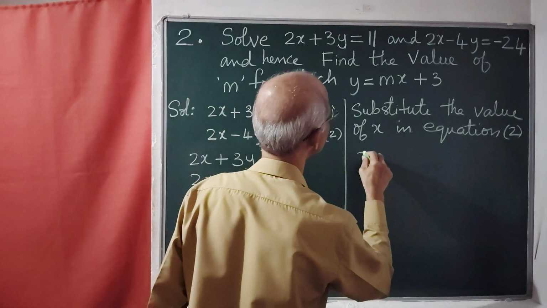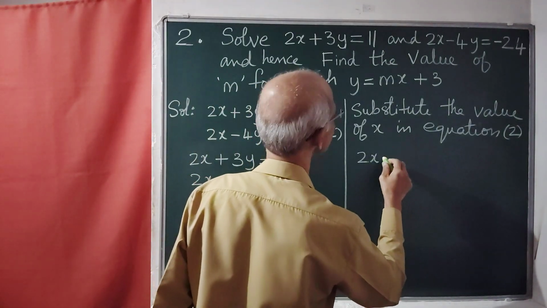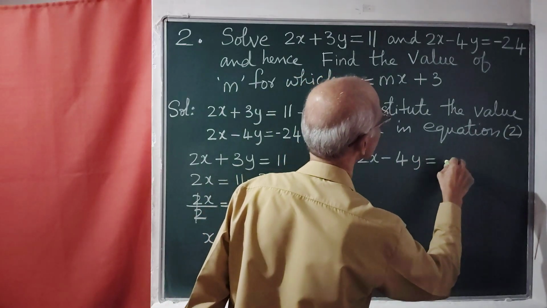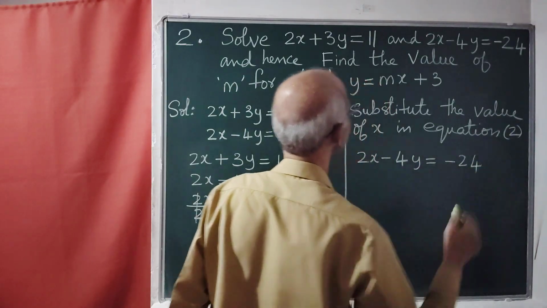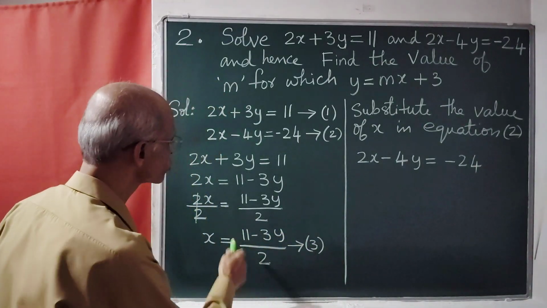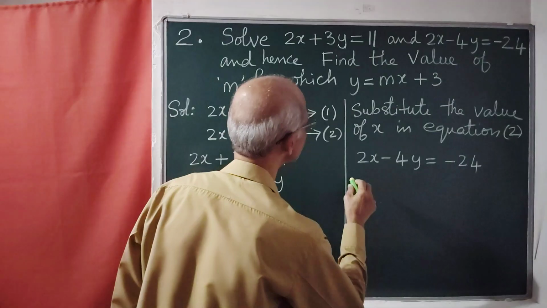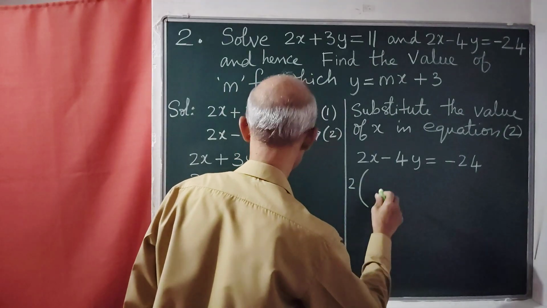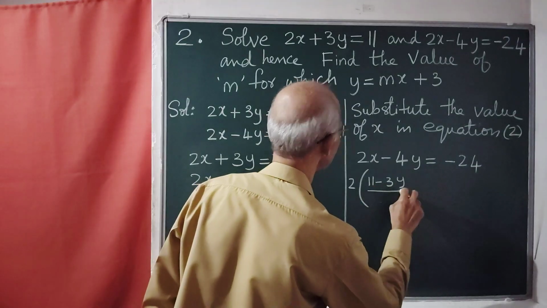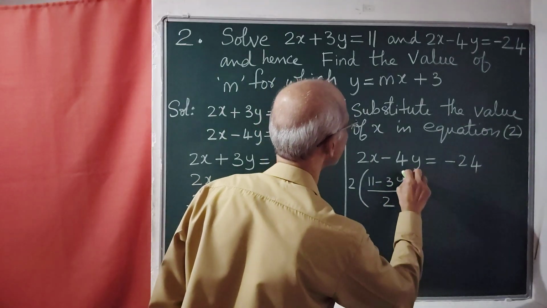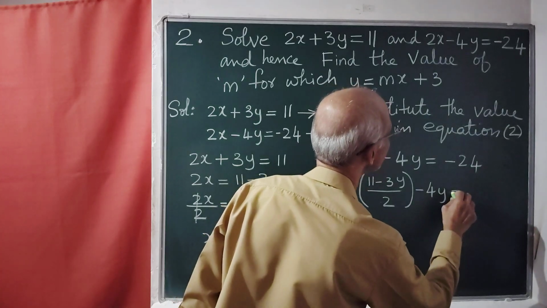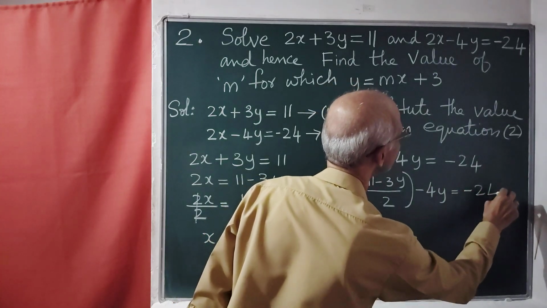So equation 2 is 2x minus 4y equal to minus 24. In this, in the place of x, we have to put this. So 2 into 11 minus 3y, whole by 2, minus 4y equal to minus 24.